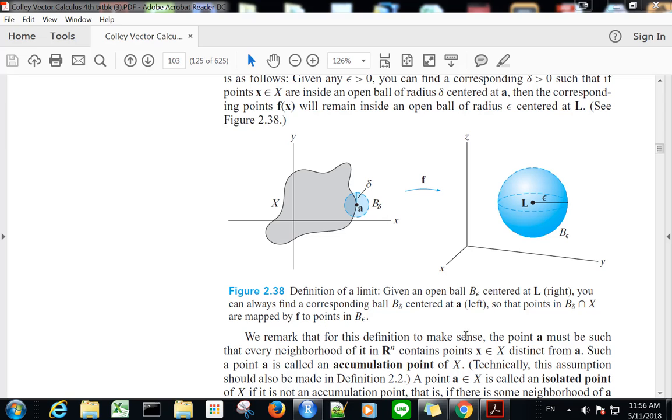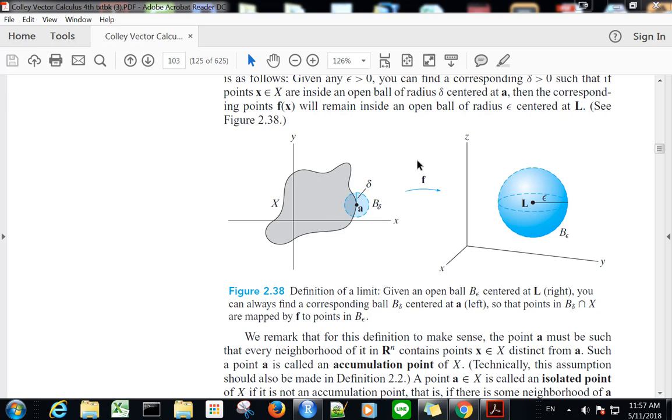Anyway, every point A must be such that every neighborhood of it contains points in X. So a point over here, some neighborhoods of it contain points in X, but small neighborhoods of it would not contain elements in X. So a point over here is not called an accumulation point of X. But a point here is called an accumulation point of X, because every neighborhood contains at least one X. You cannot draw a neighborhood around A that doesn't contain at least one X. And of course, any point in here, that would also be true.